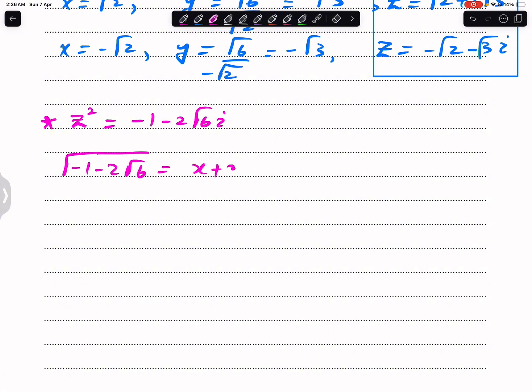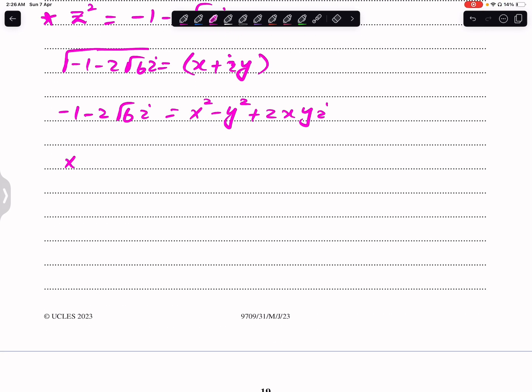Or students, you can also do it using symmetry, but if you do all the steps: x² minus y² plus 2xyi. So x² minus y² is again minus 1, and xy is equal to, this time, minus √6. So y is equal to minus √6 over x, put here.